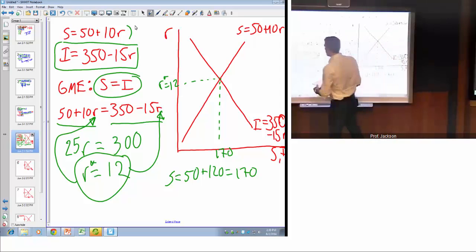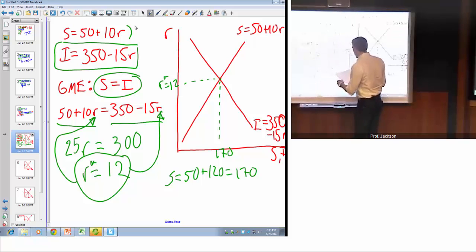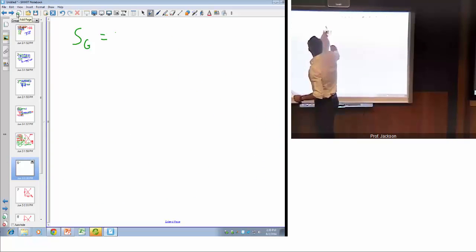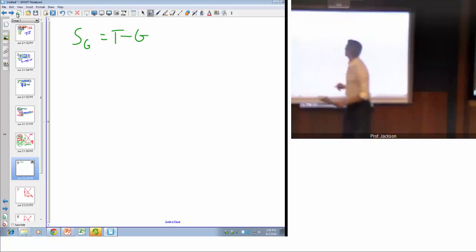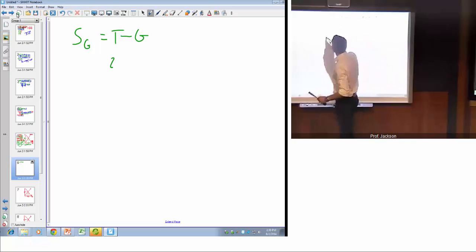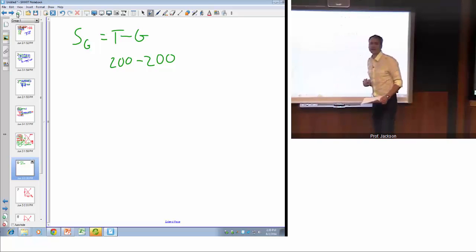And one other thing is we can calculate, say, private and public saving. Remember those things? So public saving is just the difference between taxes and government spending. So in this example, if you look back, both taxes and government spending are identical.